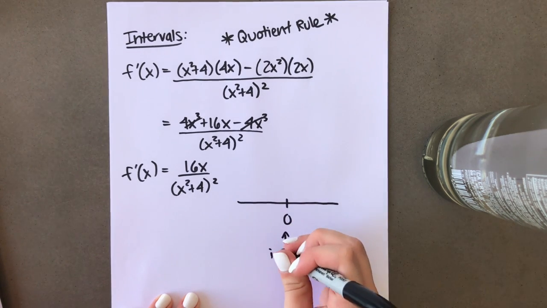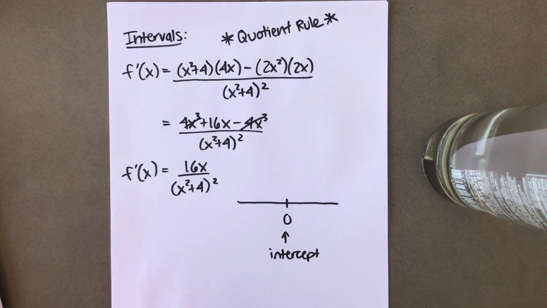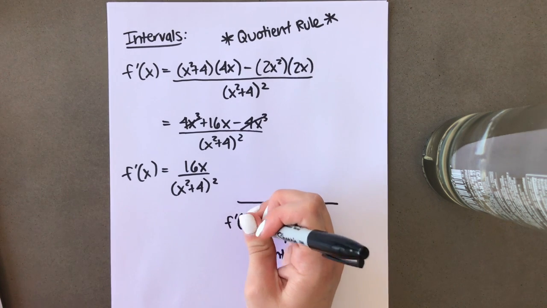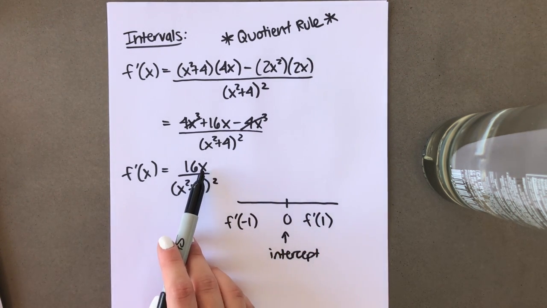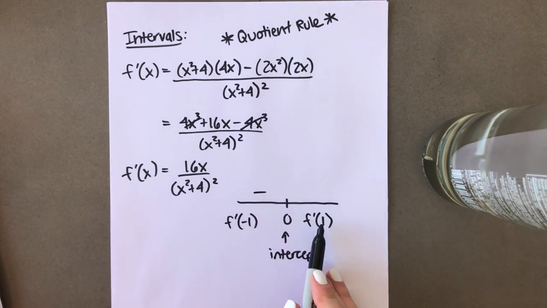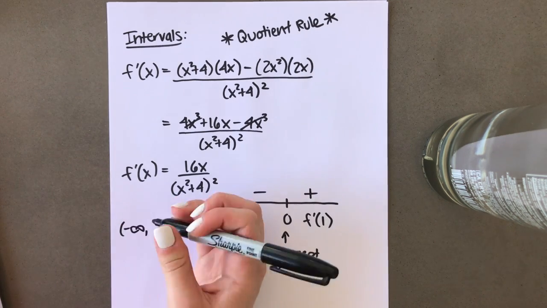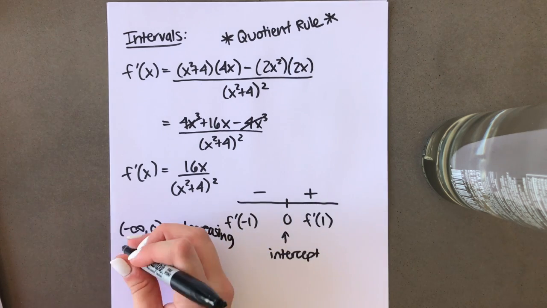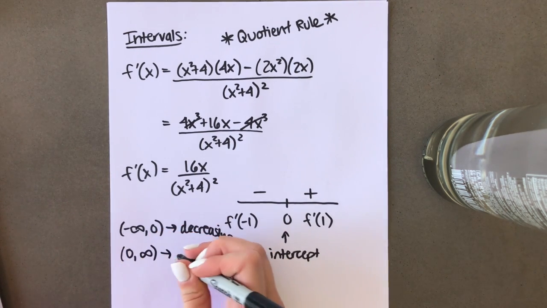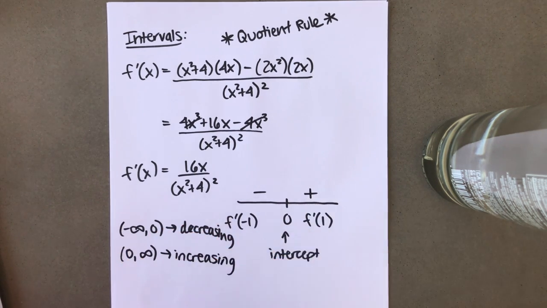I can then use this derivative to help me find the increasing and decreasing intervals. Negative infinity, 0 is the decreasing interval, and 0, infinity is the increasing interval.